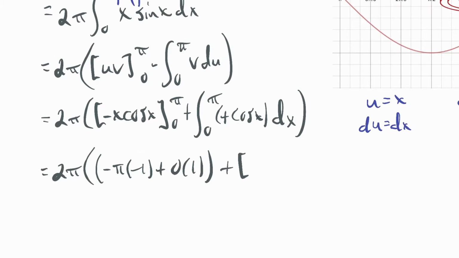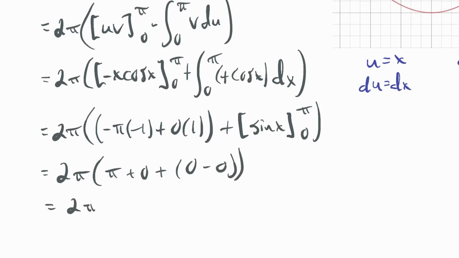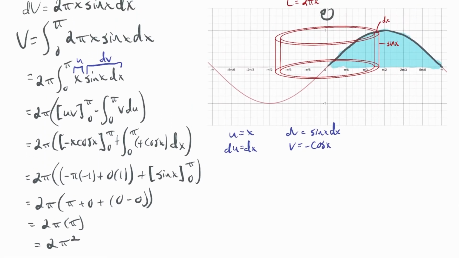So plus sine of x evaluated at 0 and at pi. So 2 pi times pi plus 0, because sine of pi is 0 and sine of 0 is 0. So I get 2 pi times pi, or 2 pi squared. There we go. That's the volume of that.